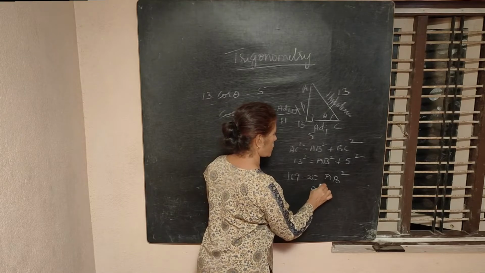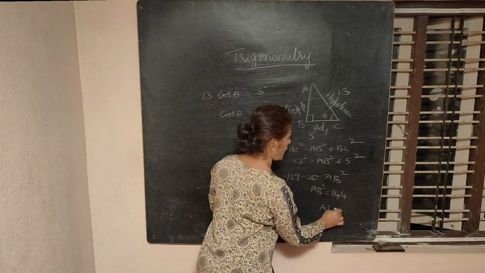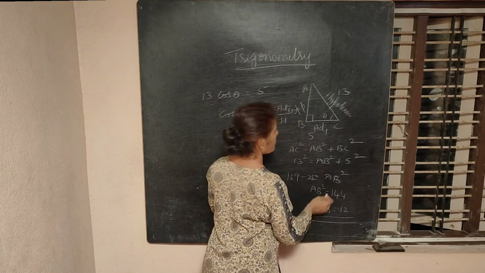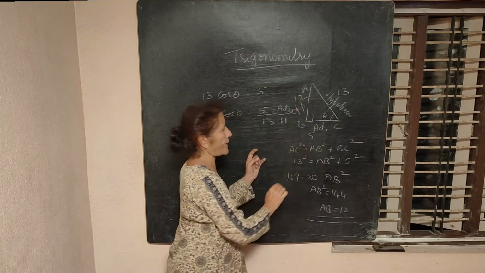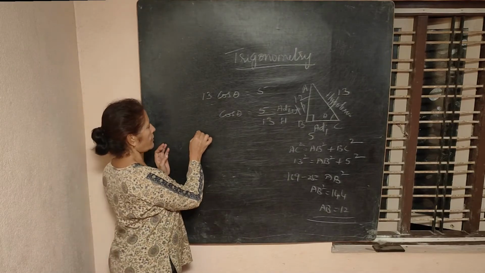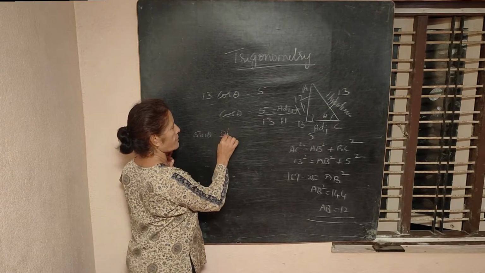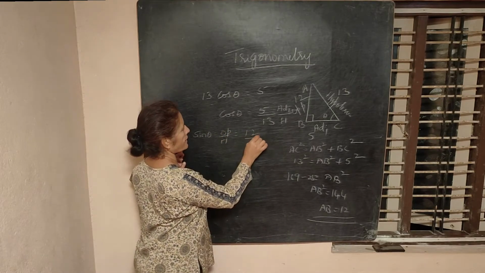AB square is equal to 144. So, AB is equal to the square root of 144, which is 12. Once I know this side, I can write down all the other trigonometric ratios. Let me tell you, what is sin theta? Sin theta is opposite by hypotenuse, 12 by 13.